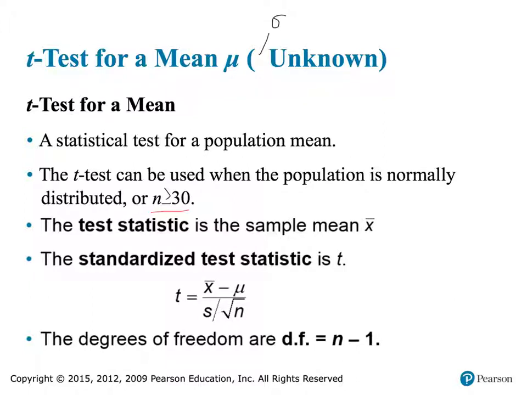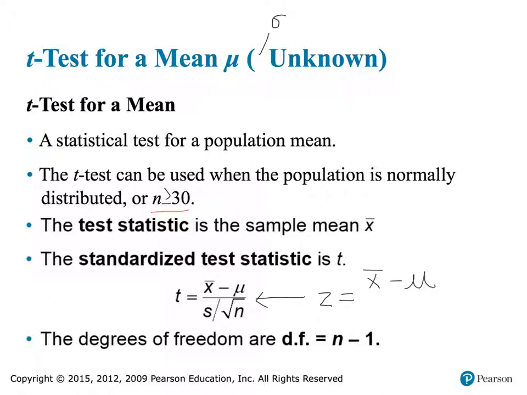Then we'll calculate a test statistic for our sample average x bar. And I want you to notice that this formula for the test statistic looks much like the formula for the test statistic for a z-test.